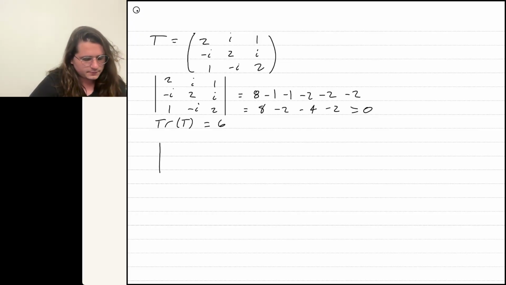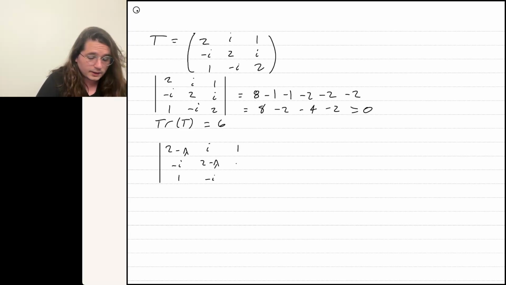So setting up the eigenvalue equation, we're going to find the determinant of 2 minus lambda, minus i, 1, i, 2 minus lambda, minus i, 1, i, 2 minus lambda, and set that determinant equal to 0.